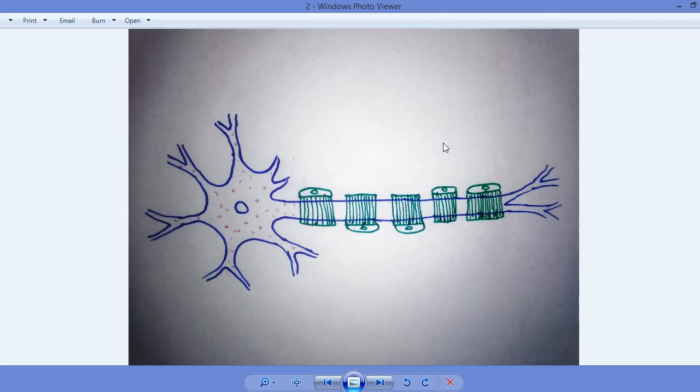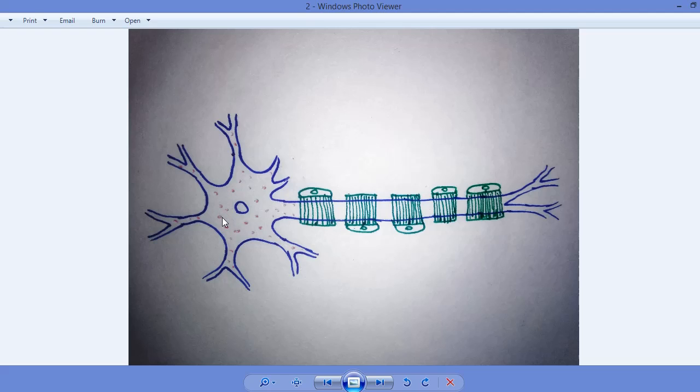Now coming toward this diagram. In this diagram, we can see that this is a typical neuron, which is a multipolar neuron, having some basic parts which we should learn in this lecture. One of the basic parts is the soma or cell body.